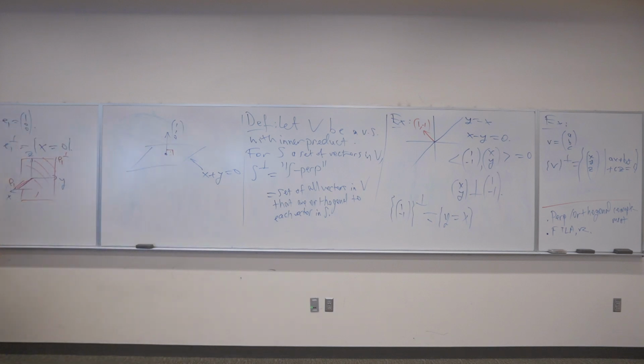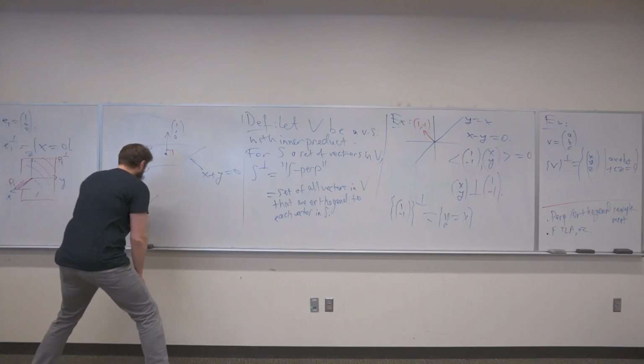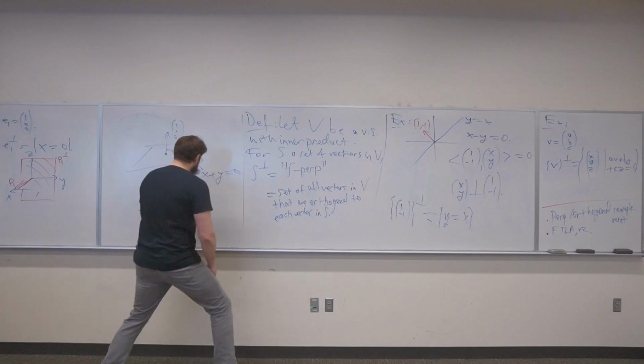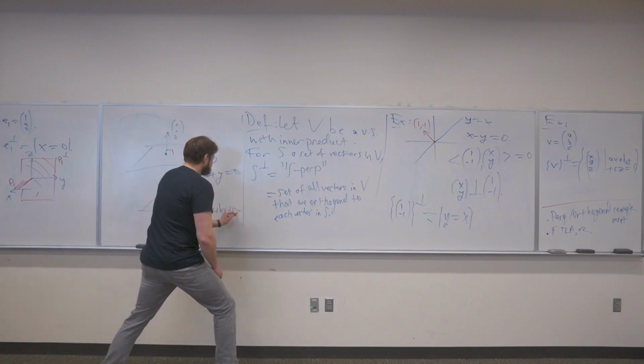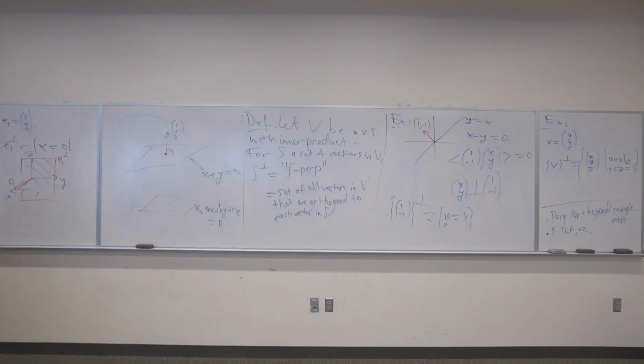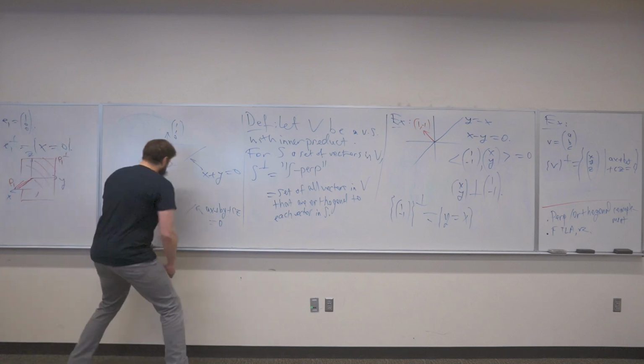So more generally, I'll draw the picture that corresponds to this. A typical plane passing through the origin has equation ax plus by plus cz equals 0. Its normal vector, or one of its normal vectors, is going to be (a, b, c).